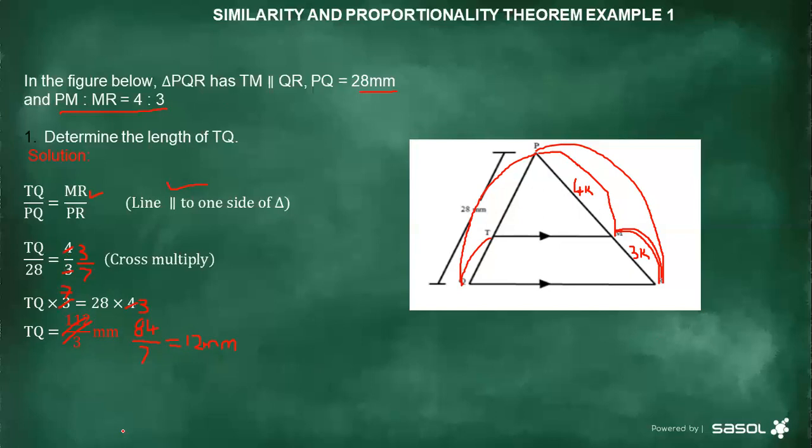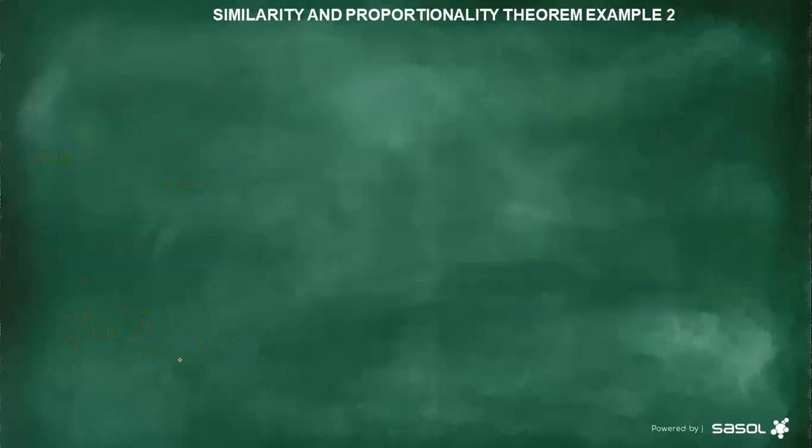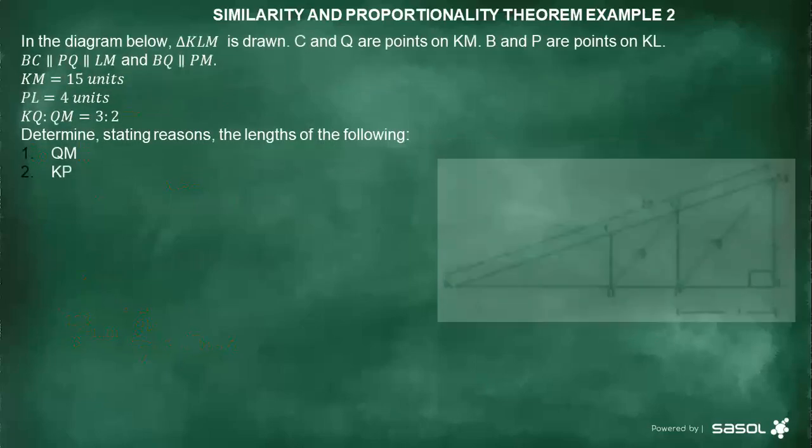I hope my dear learners will understand the error that was happening on this one, but everything is correct now. The correct actual distance for TQ is 12 millimeter, but not the other one, because we made a mistake of writing 4 instead of 3, and then here instead of writing 7 we wrote 3. All right. Next question.